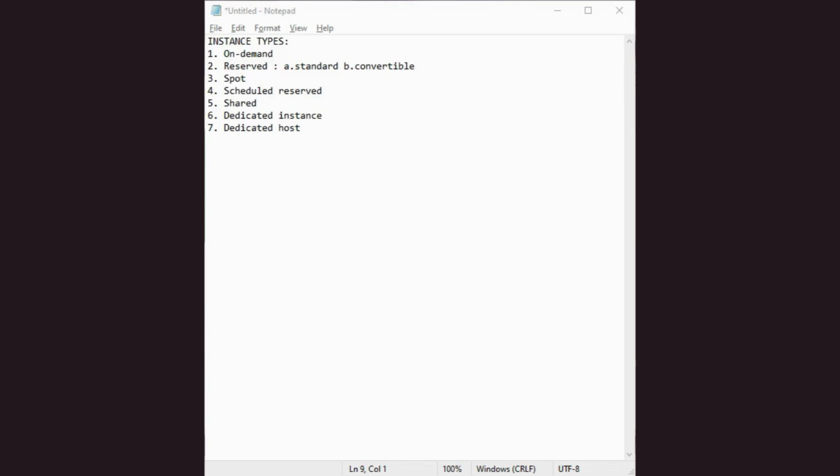If you're going to use it for just a short term, and you know you're going to end your project or the usage within a particular time, then you can just use it for say 1 or 2 months, and then you can terminate the instance.